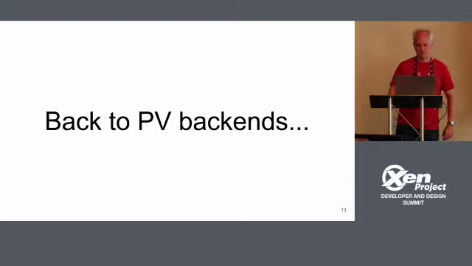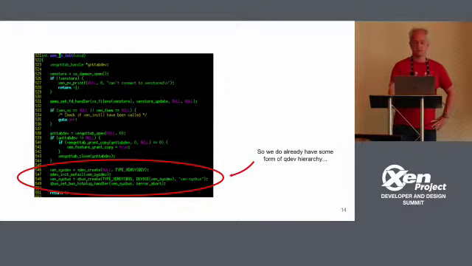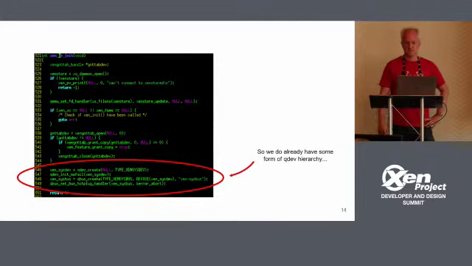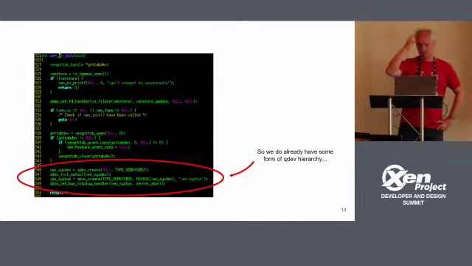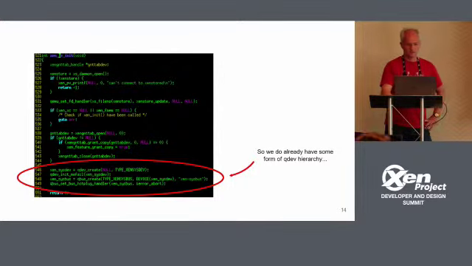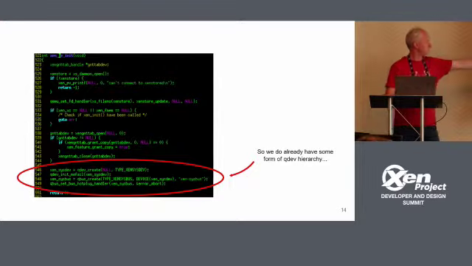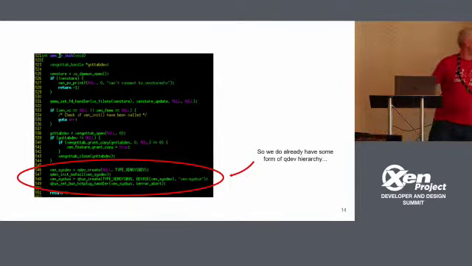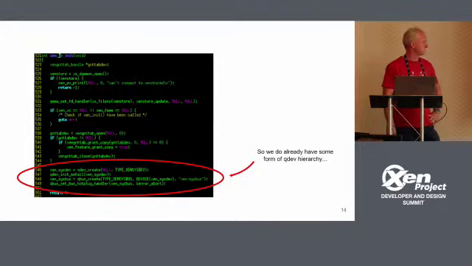So let's go back to PV backends. Do they actually conform to qdev at all? Well, it turns out the answer is yes. Here's the xen_be_init function, which is called at start of day to initialize the backend framework. At the top, it's creating a sysdev device. That null there means that it's plugging into the main system bus.